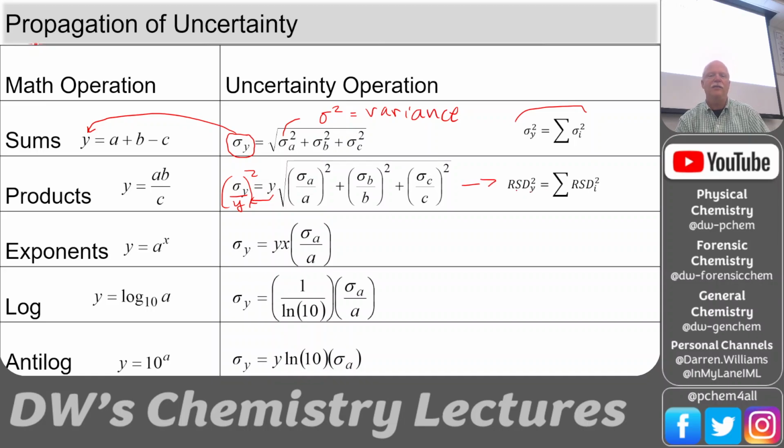And so the relative standard deviation of Y squared is equal to the sum of all of the RSDs squared of the pieces in that product or quotient. See how these are very similar equations, but one uses the variances, and multiplication and division uses the RSDs squared. So you should be able to really memorize these two and be able to use them.